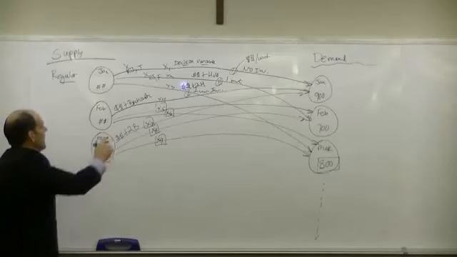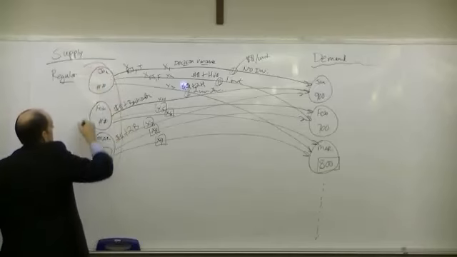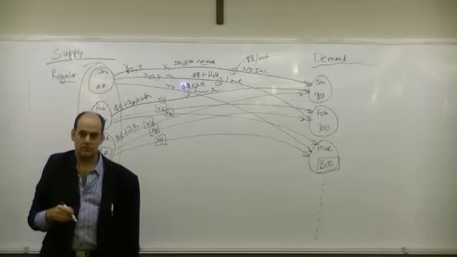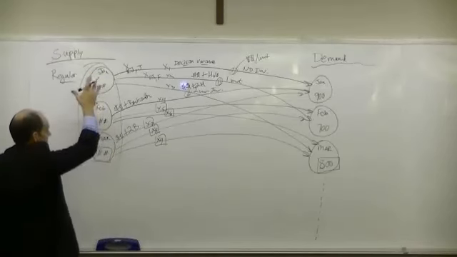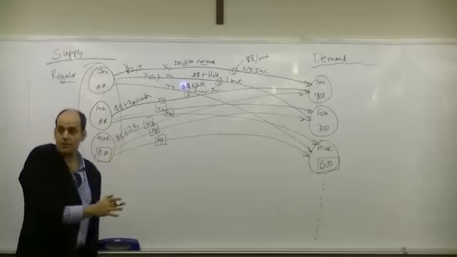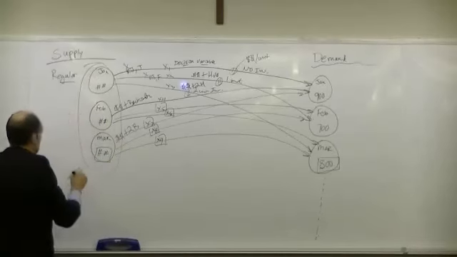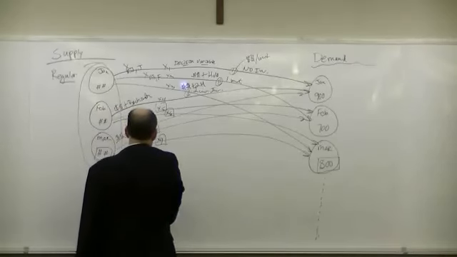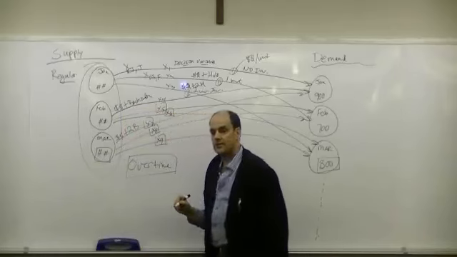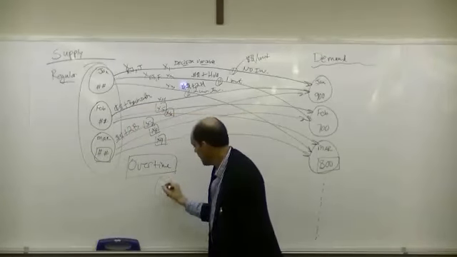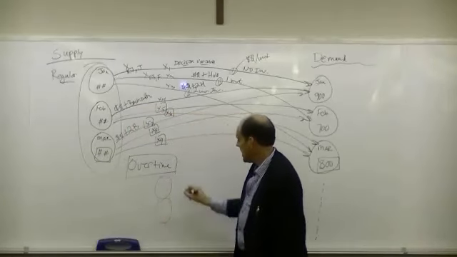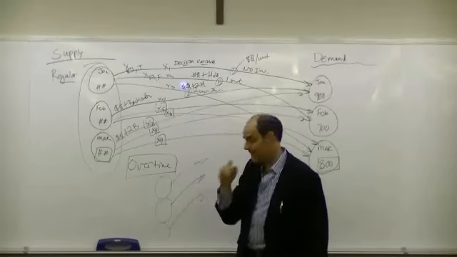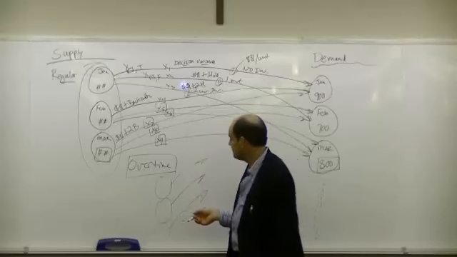But then I can duplicate all of this for every other possible source in my production plan. So I can duplicate all of these nodes and make a whole other set of arrows coming out of those nodes for the overtime. I can have nodes for overtime and arrows coming out of those going to the demand, and they are all decisions, more decisions.